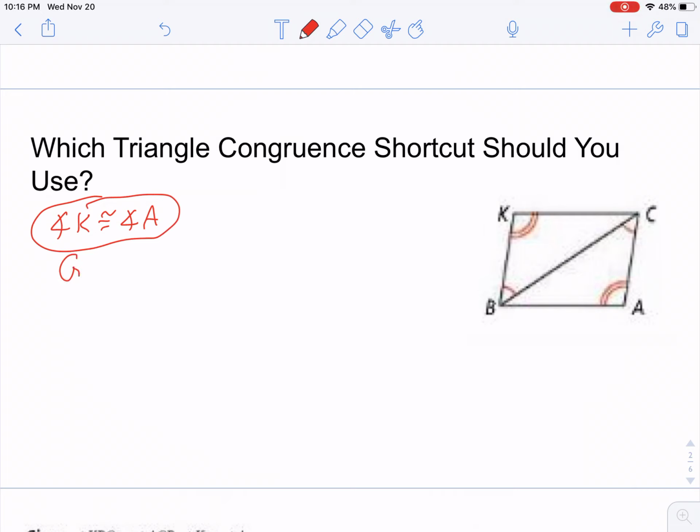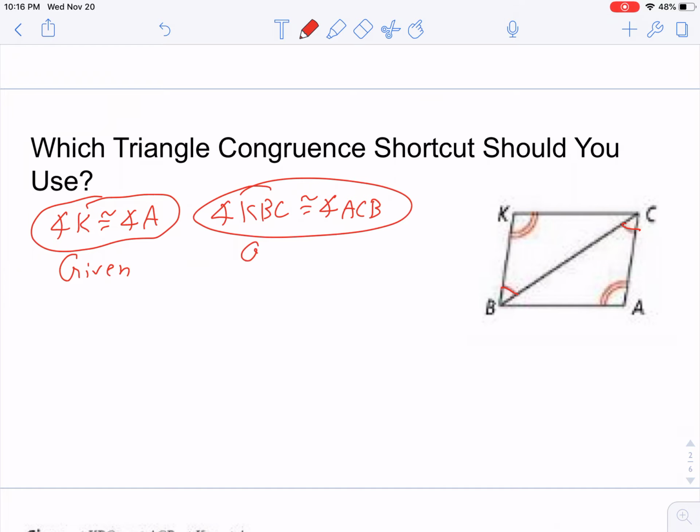Angle K and angle A are fine, but for these two, we need to give three-letter names. That's also given. And then everybody's favorite property, it's the reflexive property.